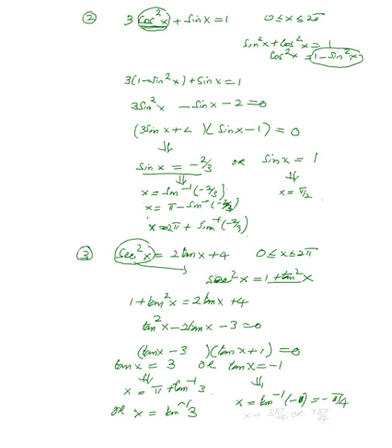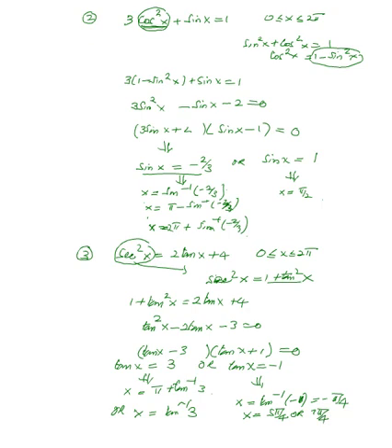However, our solution is supposed to be between 0 and 2 pi, so the solution is x is either 5 pi over 4 or 7 pi over 4.